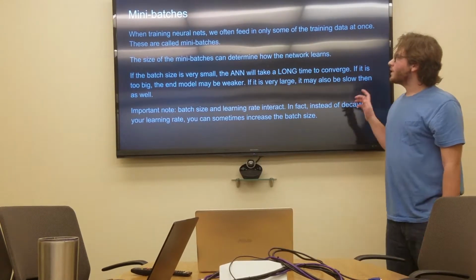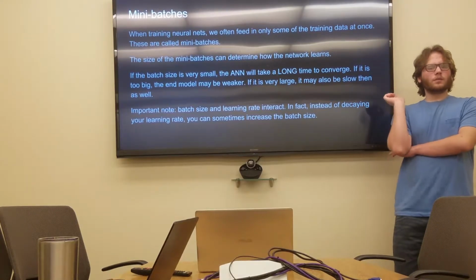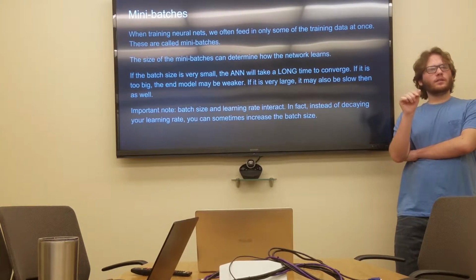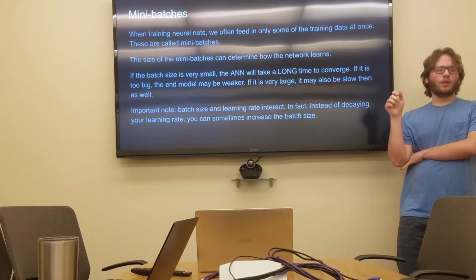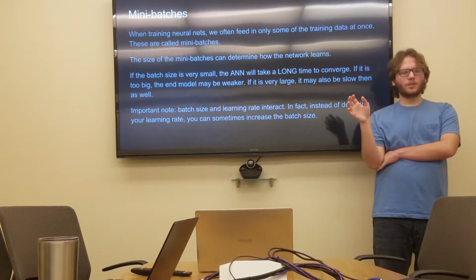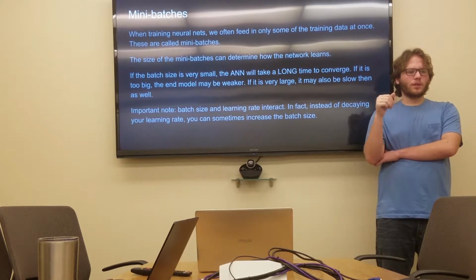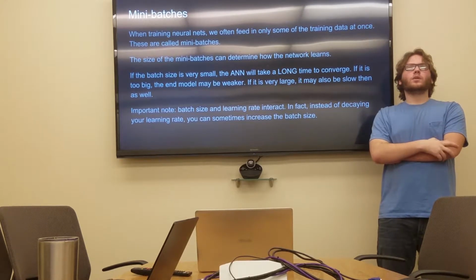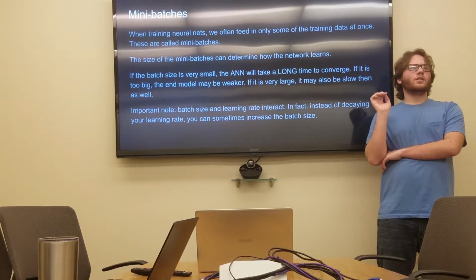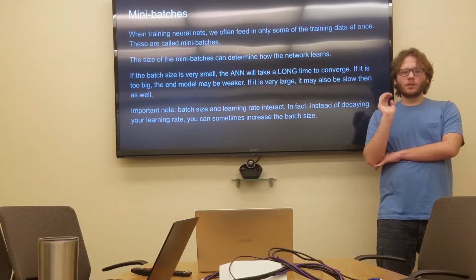Mini batches. So we can theoretically train a neural network all at once. We could throw all the input in at once and it'll just go through and do all of its matrix operations and train. But that usually doesn't work well, but neither does just doing one input value at a time.